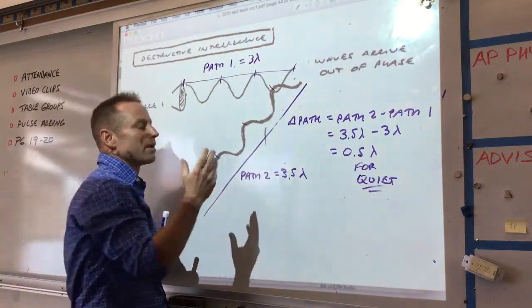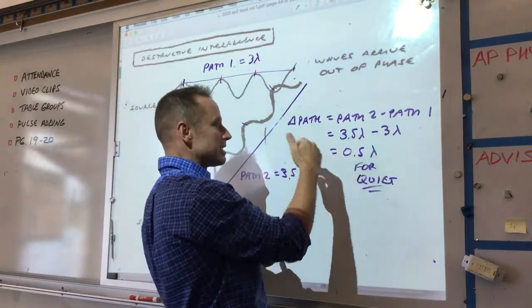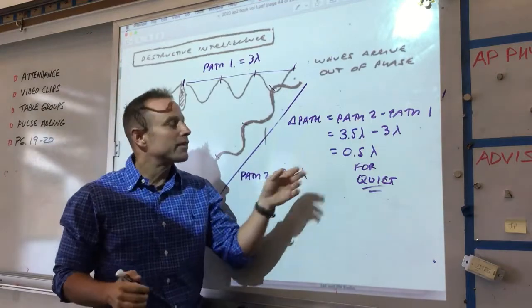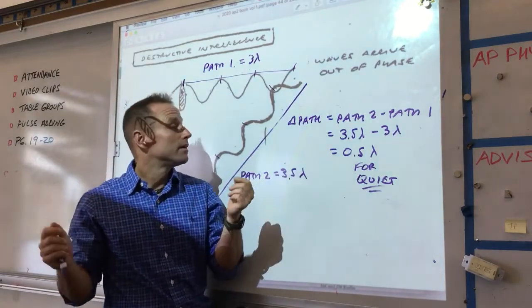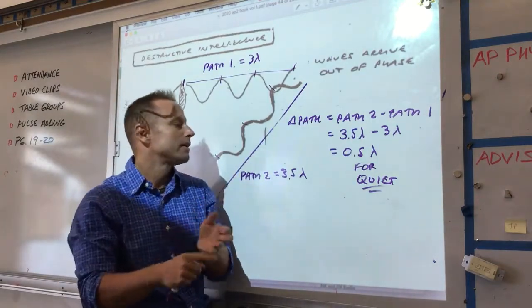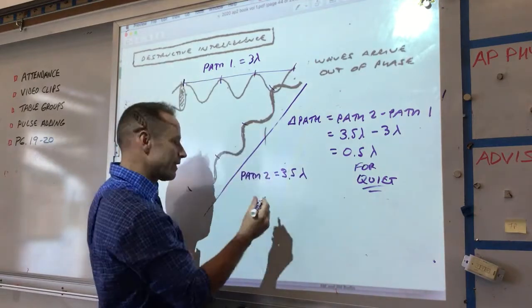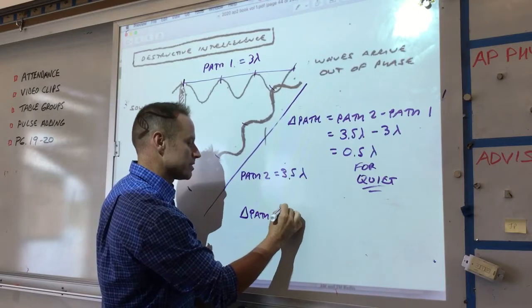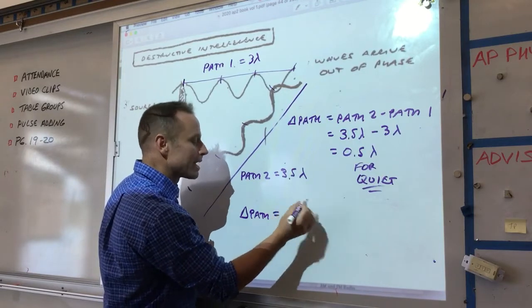And so in all its glory, we can generalize this to all the places where it's going to be quiet. So if the path difference is half a wavelength, 1.5, 2.5, 3.5. One convenient way to write that is delta path equals, and I'm going to write it two ways.